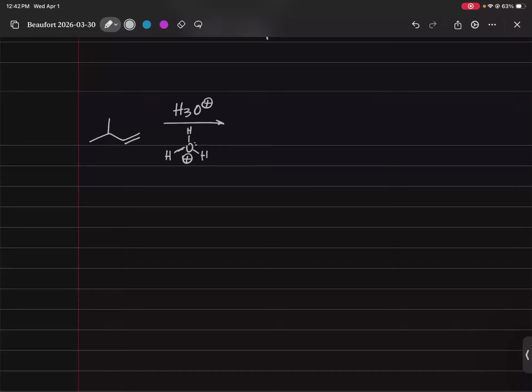Okay, so this is going to start out just like hydrohalogenation. We're going to have a proton transfer as the first step.